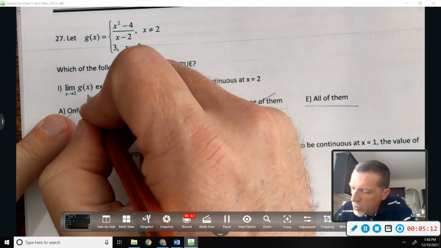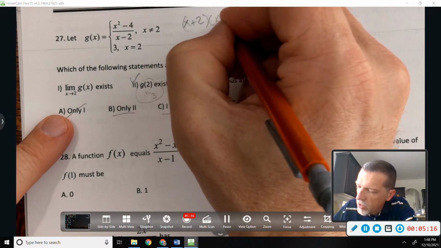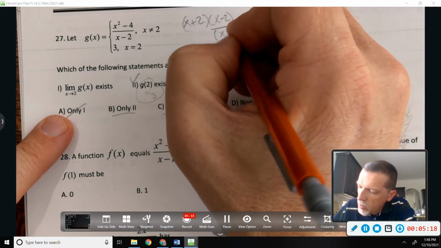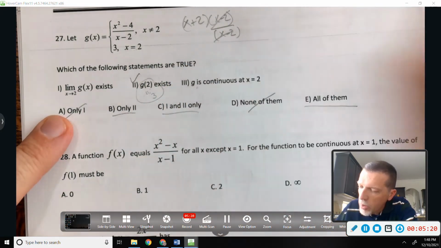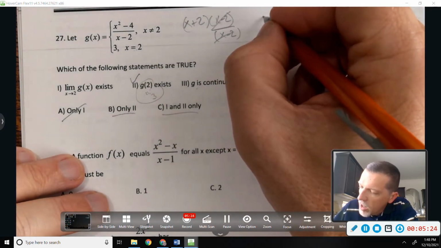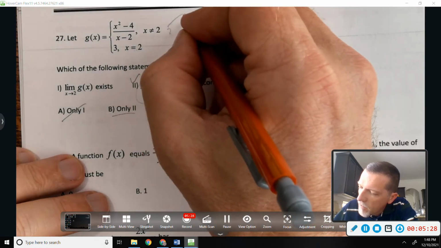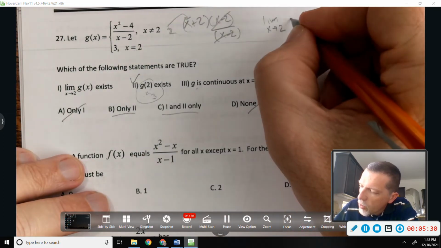Limit as x approaches 2. Well, factor and reduce. X minus 2 goes away. By goes away, we mean there's a hole there. Then we could plug in 2. And so that means the limit as x approaches 2 is 4.